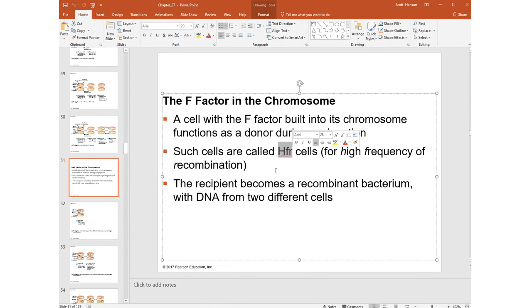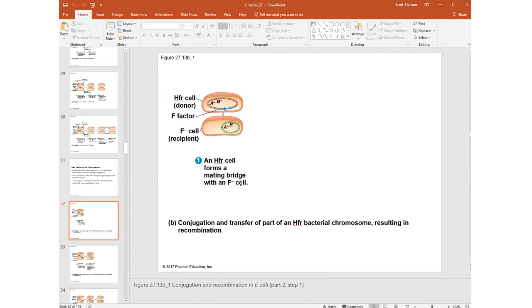The recipient cell becomes a recombinant bacterium because it has DNA from two different cells. The first step is the HFR donor cell, which has the F factor in its chromosome, establishing a pilus between it and an F minus cell.